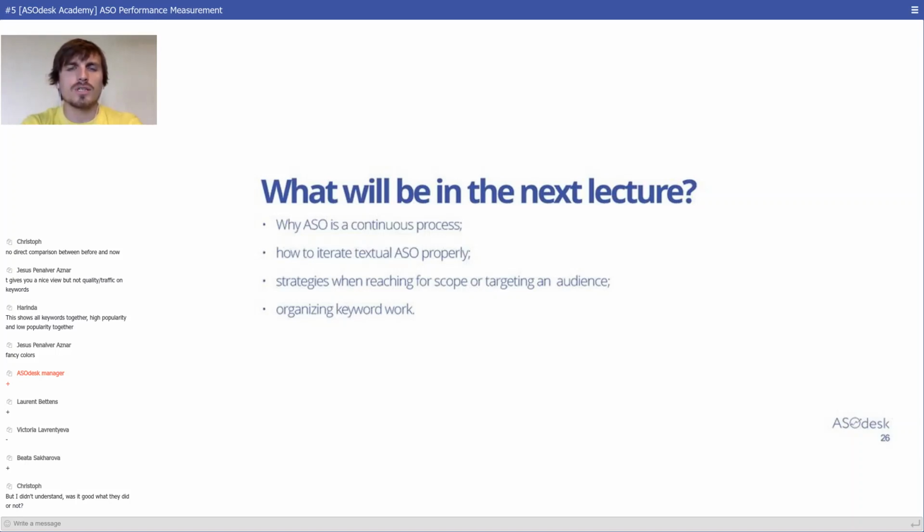We'll talk about how to iterate textual App Store optimization properly. We'll talk about the strategies when reaching for scope or targeting audience, and how to efficiently organize your semantic core management in the ASO tool. So that would be all about measuring efficiency.